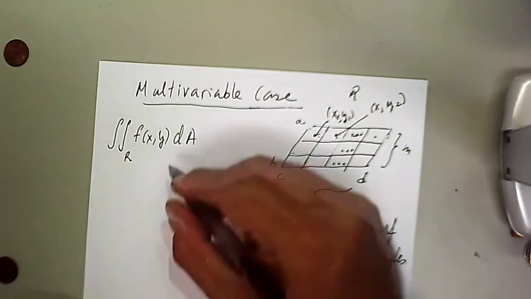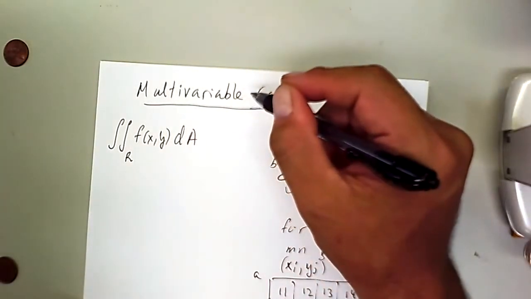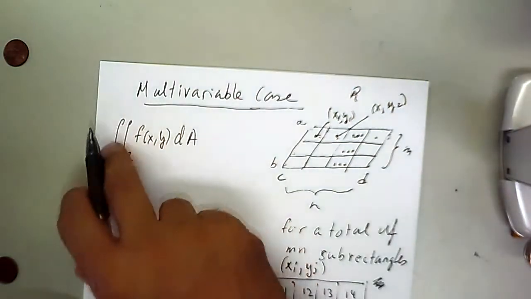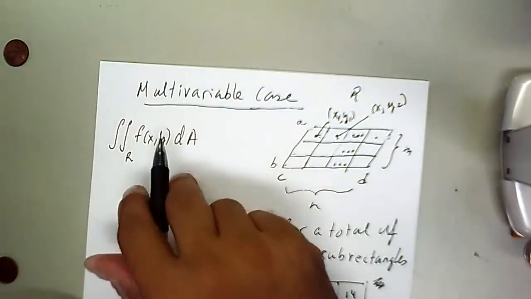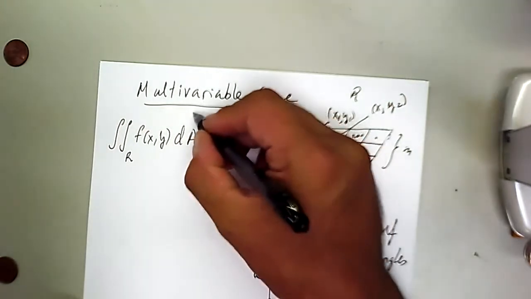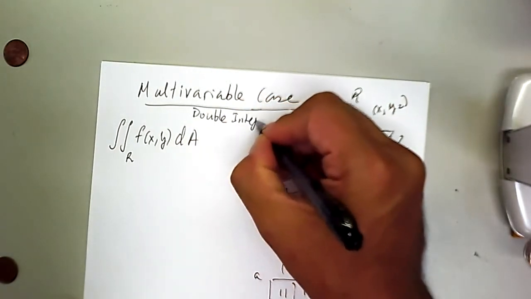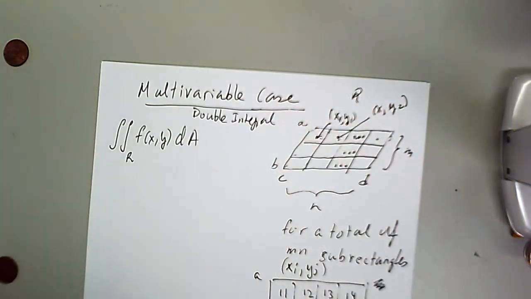Okay. So how do we go about defining this double integral? This is a double integral. And how do we define it? All right.